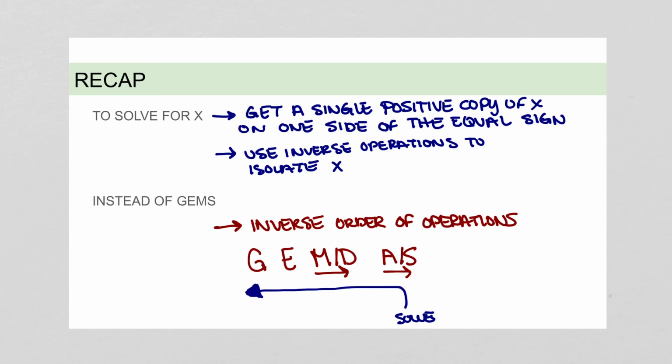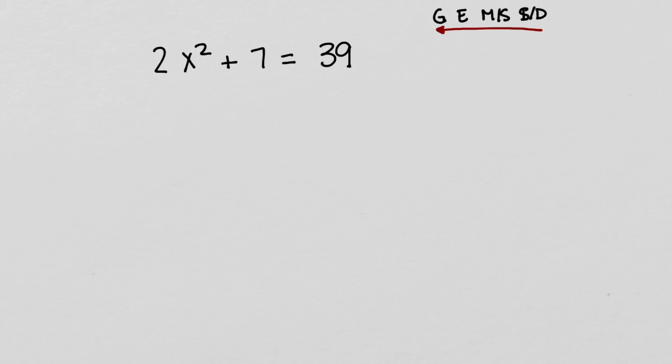And you guys worked on that. Let's do a quick example with an exponent, since we do know how to solve using exponents. All right, so we're going to be looking at our GEMS working backwards. In this example, the first thing I'm going to look at is my subtraction or addition.